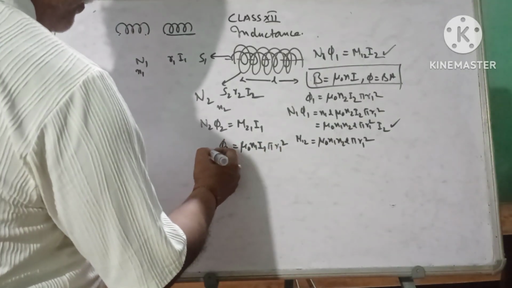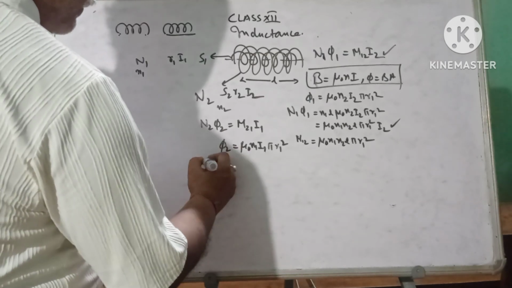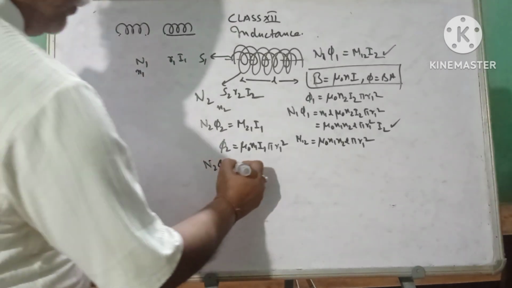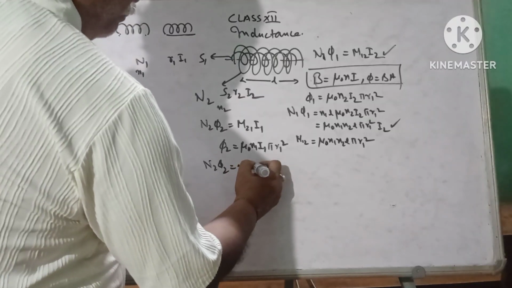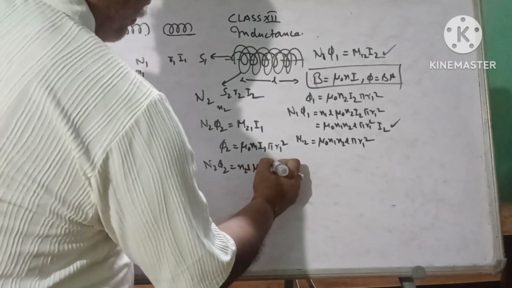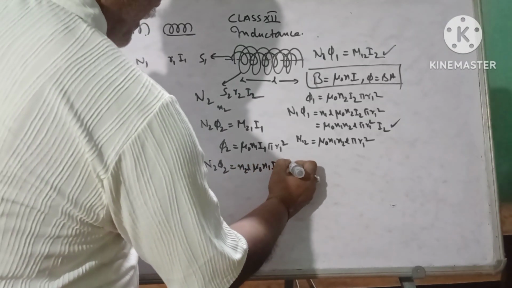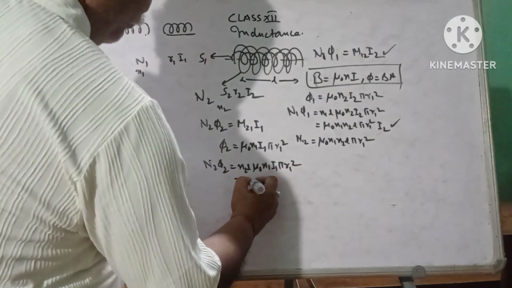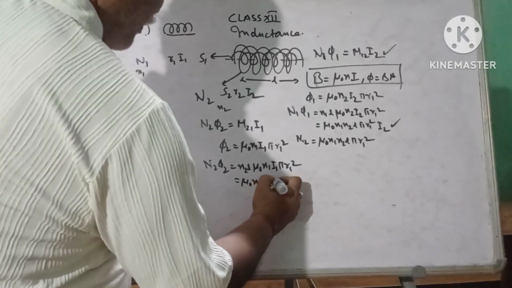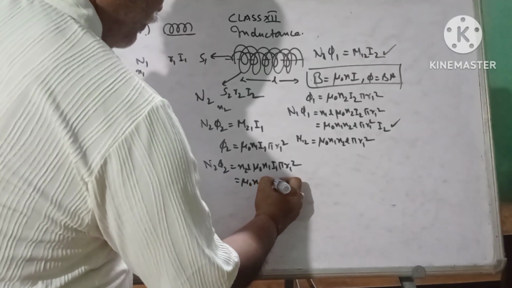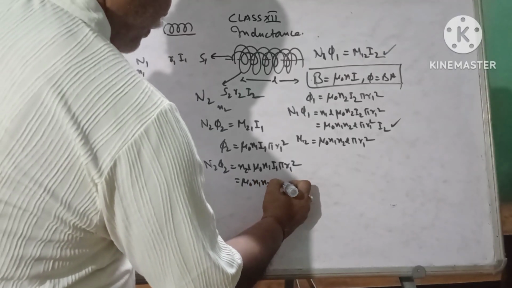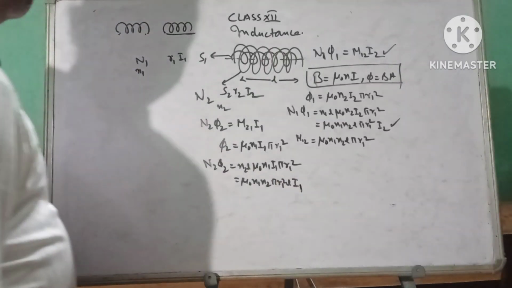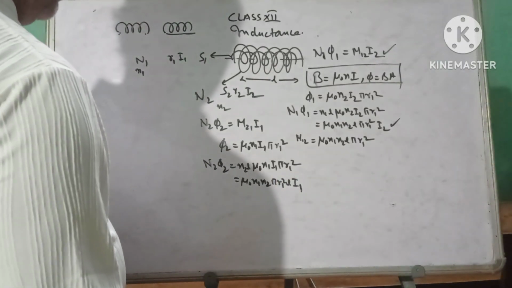So here again you see N2 phi 2. This will be N2 times constant, N1 I1 pi R1 square. So this will be equal to N1 N2 pi R1 square L times I1.